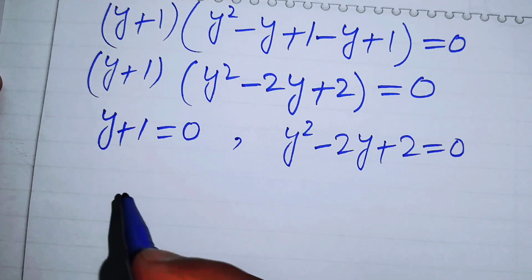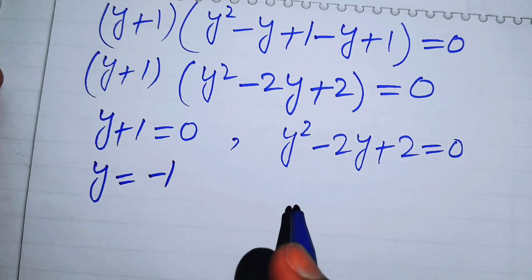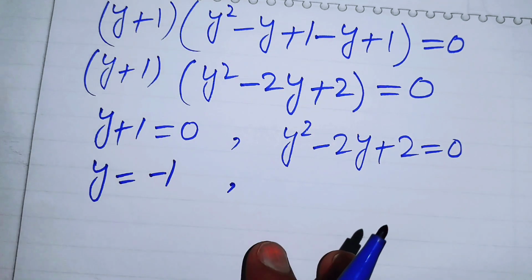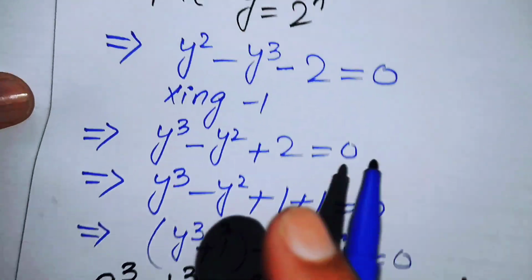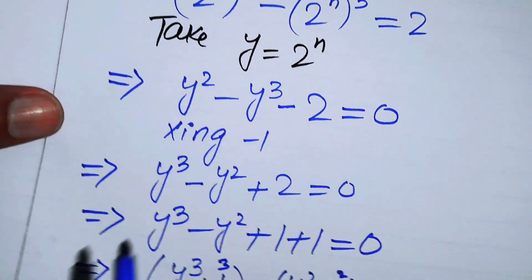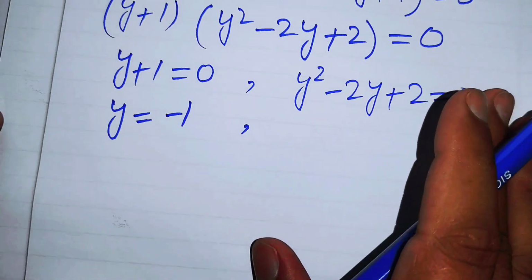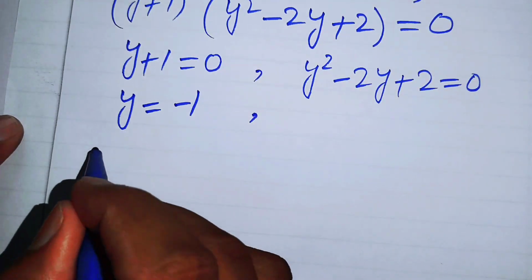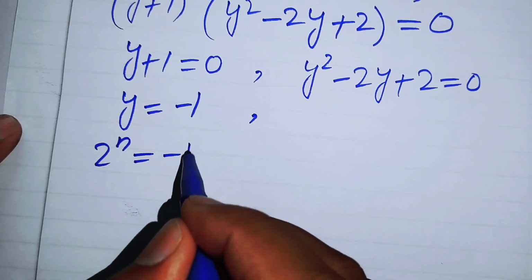So in the first case you get the value of y is minus 1, and now here we need to back substitute the value of y. In the start of the question we took y equal to 2 to the power of n, so we back substitute the value of y here, and you get 2 to the power of n is equal to minus 1.